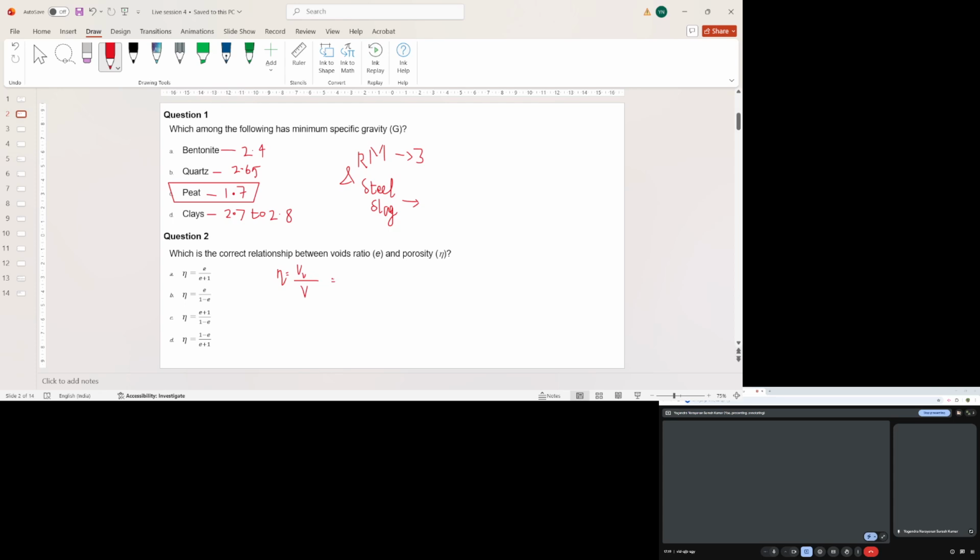Now this can be written as volume of voids divided by total volume, or it can be written like this: total volume minus volume of solids.